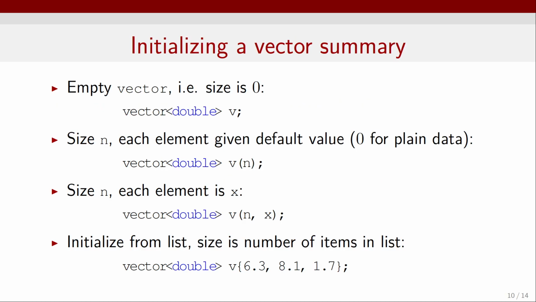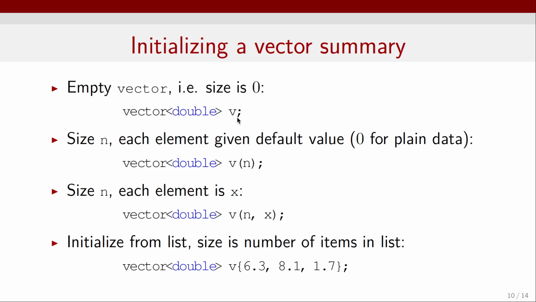Okay, so to summarize, this is a number of ways of initializing a vector. So first of all, I can create an empty vector initially with size 0 by using the command vector, angle brackets, double, and then the name of the vector.